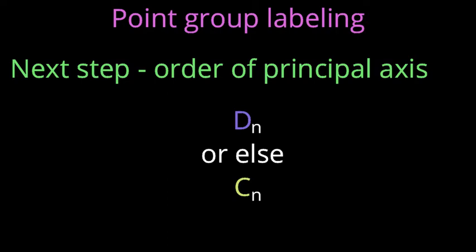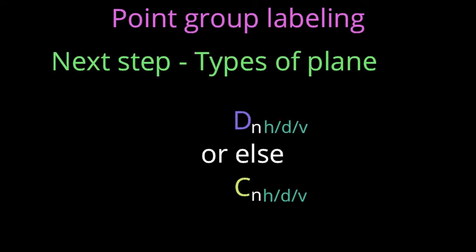Afterwards, types of plane present in the molecule will decide the further nomenclature. So three planes: horizontal, vertical and dihedral. Among them, the superior, powerful plane which we need to mention is horizontal.